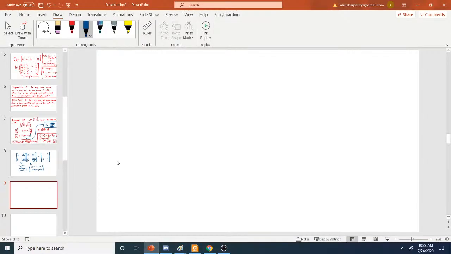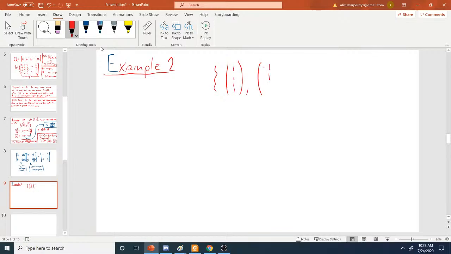So one of the examples I gave last time when I was running the Gram-Schmidt process, this will be example 2, is I considered the list of vectors 1, 1, 1, -1, 4, 4, -1, and 4, -2, 2, 0.